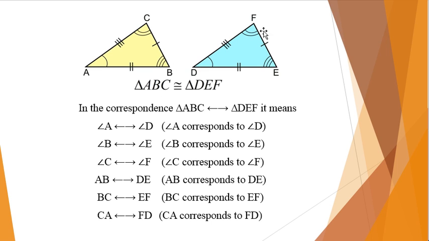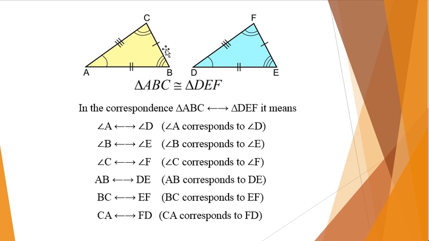Look over there, BC and EF: this base is indicated with 2 lines, and here also 2 small lines. It means they are equal in length. Now moving to the third, CA corresponds to DF.